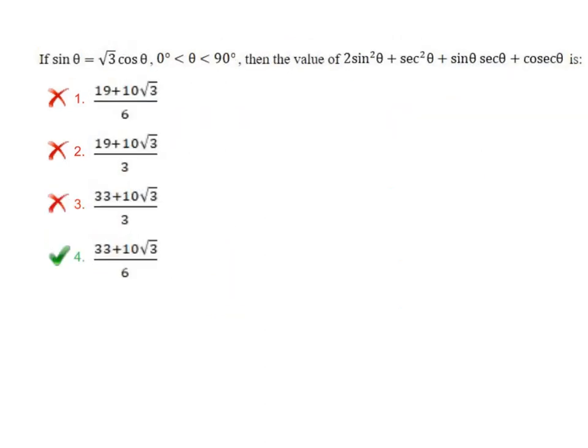If sin theta is equals to root 3 cos theta, then the value of the expression he is asking you. So see here, tan theta is equals to root 3, which is indirectly telling you that theta is equals to 60. So I can say 2 into root 3 by 2 whole square is 3 by 4, plus 2 square is 4.